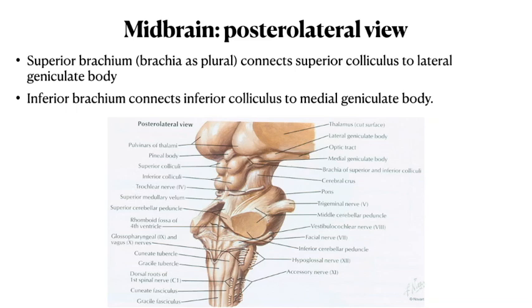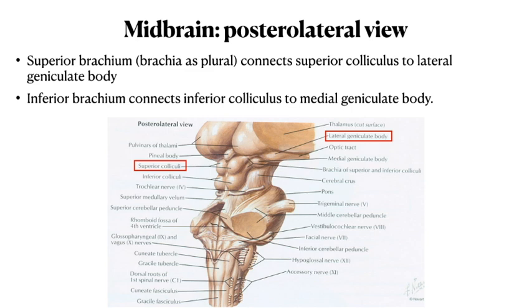A structure called superior brachium connects superior colliculus to lateral geniculate body. So here is the superior colliculi and lateral geniculate body. And you can see the superior brachium that connects the superior colliculus with lateral geniculate body.